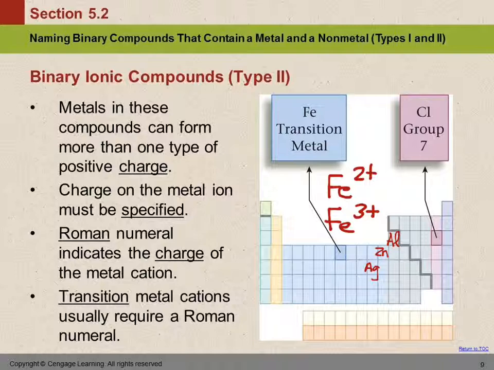It's always the same. Aluminum is 3+, we know that because it's in group 3. Zinc is 2+, and silver is 1+. And I already showed you how this is just going down the steps. 3, 2, 1. So those are transition metals that don't need a Roman numeral.